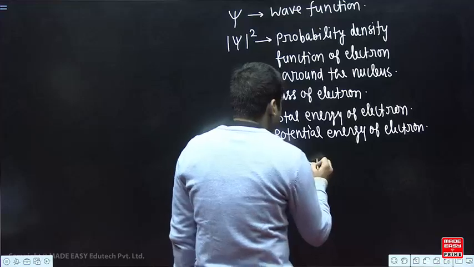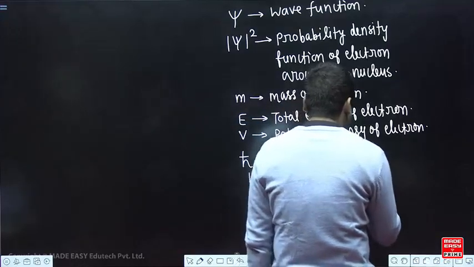This h bar is known as reduced Planck constant.